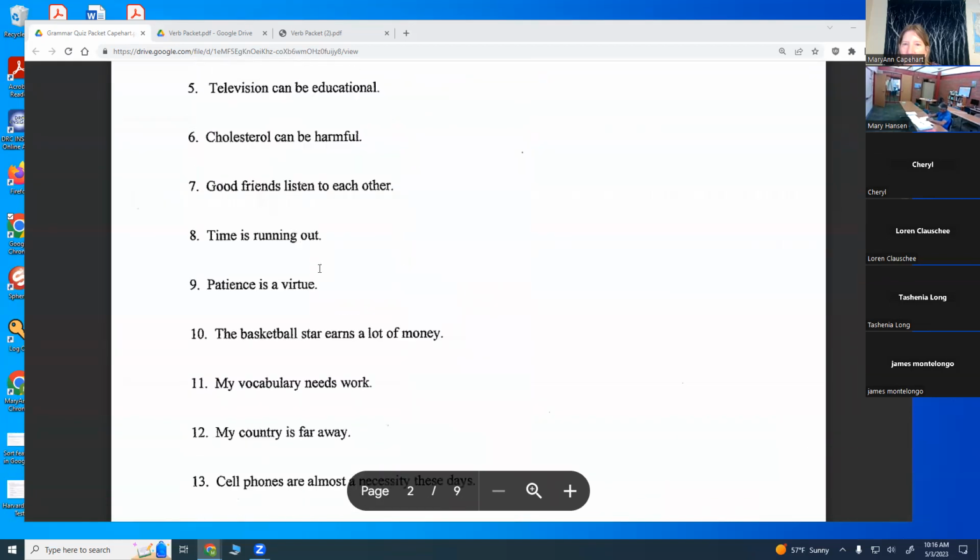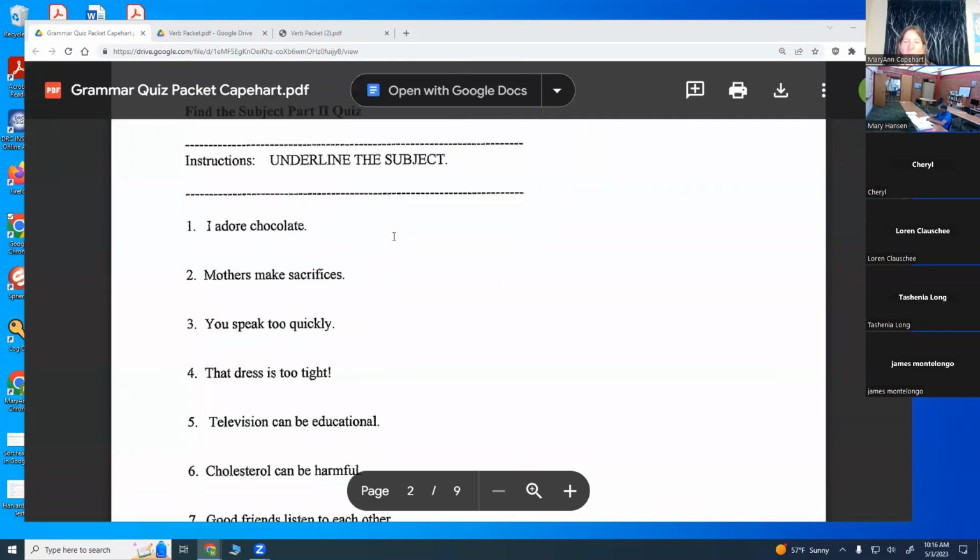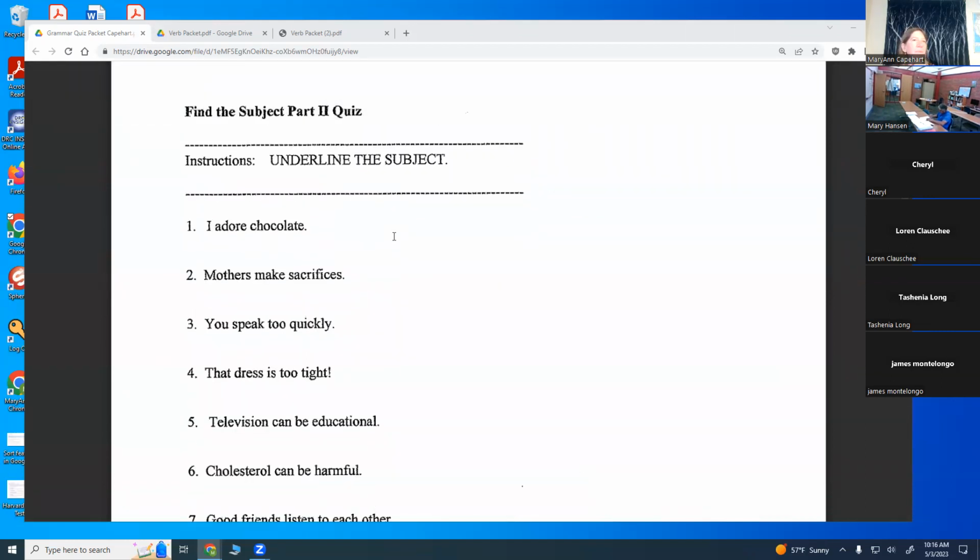Okay, so we'll do this one too. We've done this before, but let's go through real quick to grab that subject. I adore chocolate. Subject. Adore. Is adore a person, place, or thing? Out there, like a door?